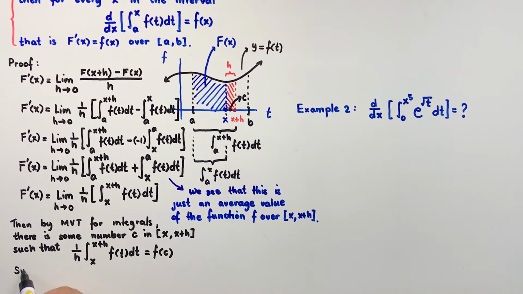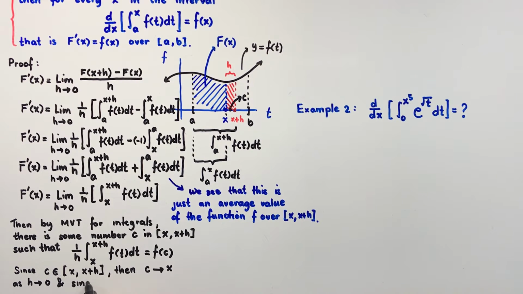And since c is a number in this little interval x to x plus h, this number c is approaching x as h approaches 0.